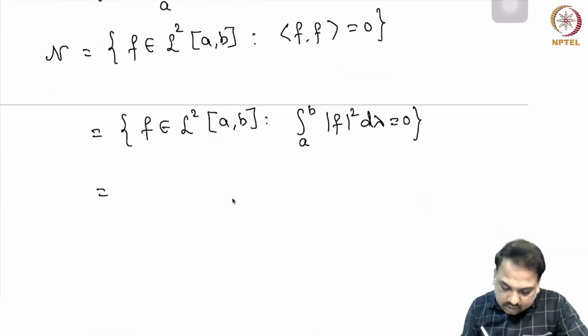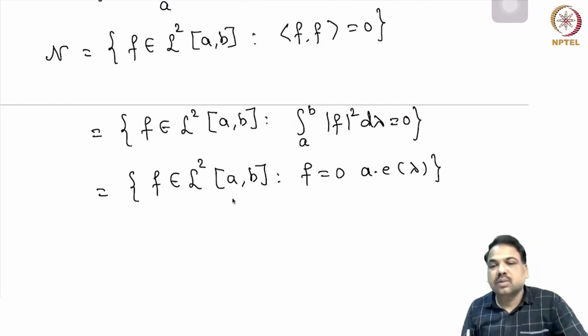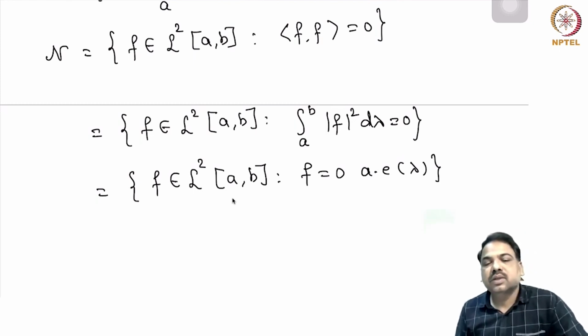So this is nothing but the set of all f in script L2[a, b] such that f equal to 0 almost everywhere with respect to the Lebesgue measure lambda. So N consists of almost everywhere 0 functions.